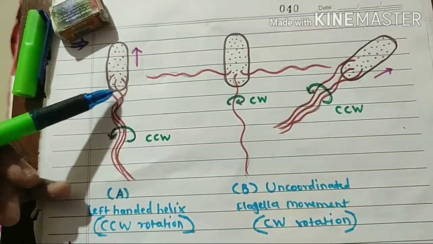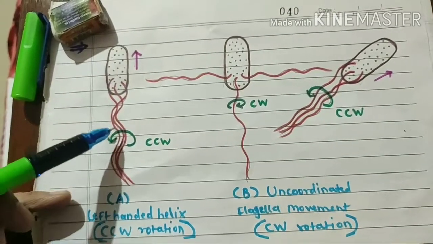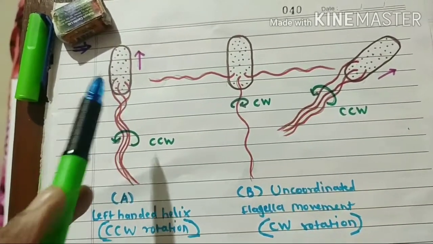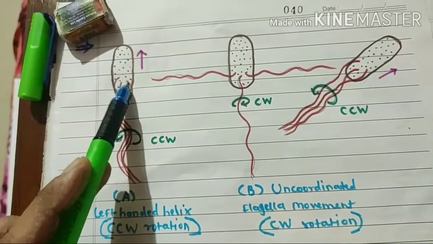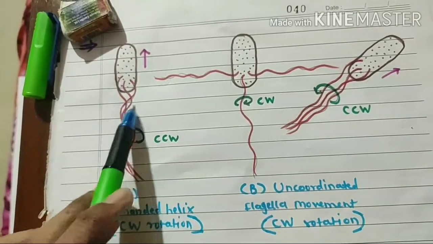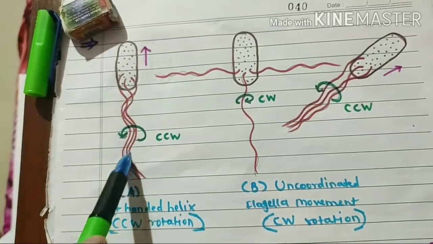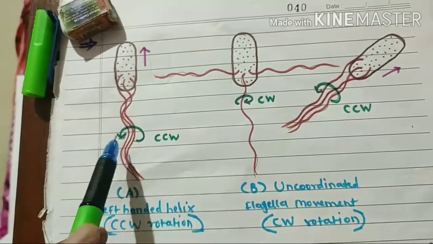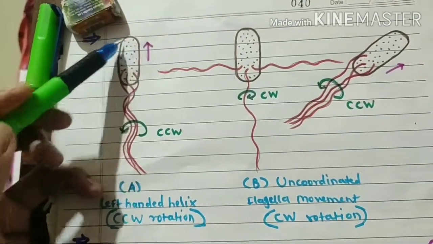Each flagellum rotates in a left-handed helix, that is in a counter-clockwise rotation. And because each flagellum rotates in a counter-clockwise rotation, they form a helical bundle. The resultant motion of this helical bundle results in forward movement of the cell.